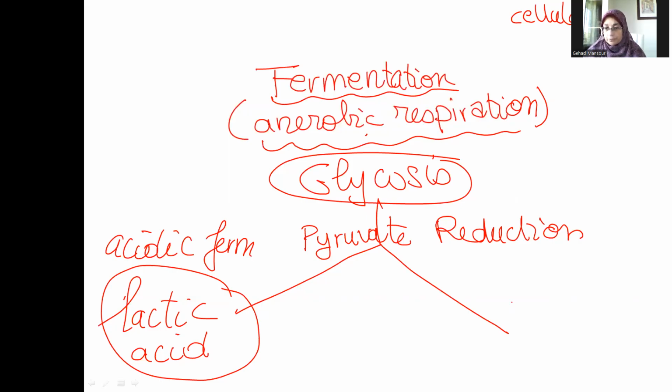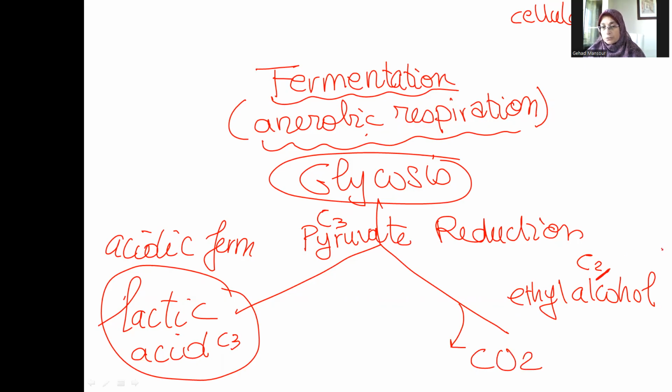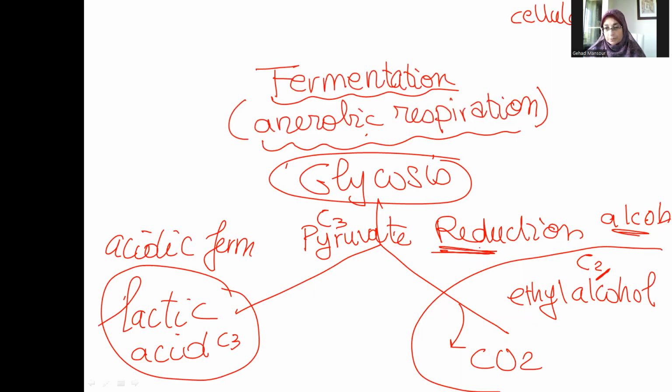If you reduce pyruvate into ethyl alcohol, here ethyl alcohol is C2, pyruvate is C3, lactic acid is C3. So here there is no loss of carbon dioxide, but here, because there is one carbon less, carbon dioxide is released, and this process is called alcoholic fermentation. So in acidic fermentation, you reduce pyruvate from glycolysis into lactic acid only, and in alcoholic fermentation, you reduce pyruvate into ethyl alcohol and carbon dioxide.